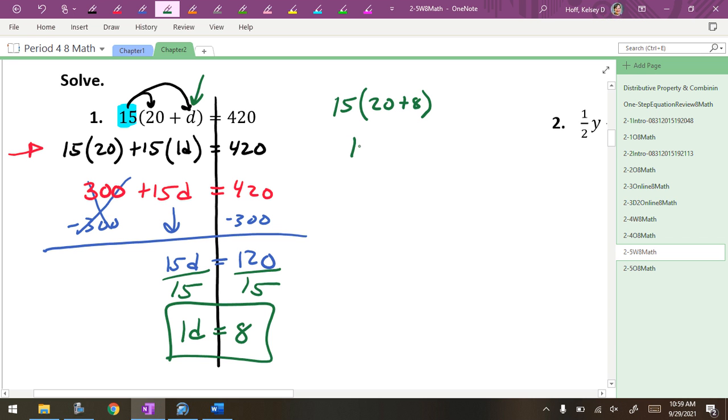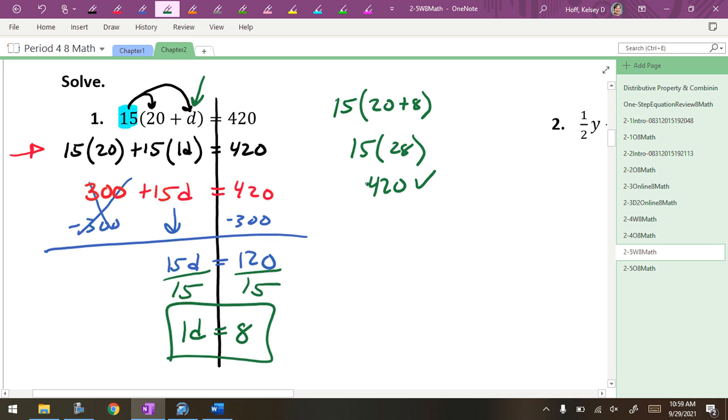Add 20 and 8 to give me 28. 15 times 28 is, did somebody check actually, or did you just say it's 420? It is? Okay. So that checks because that's what we wanted it to equal. You know when this is really useful? When it comes to your test, right? A nice way to double check after you're done that you have this correct.